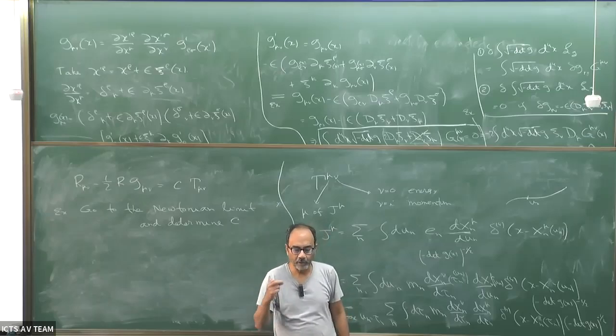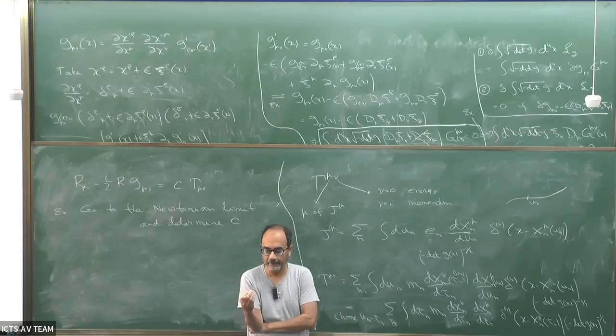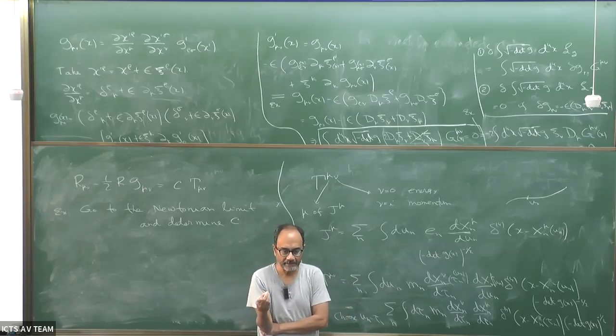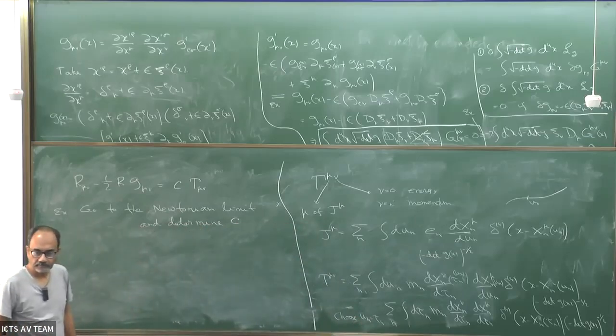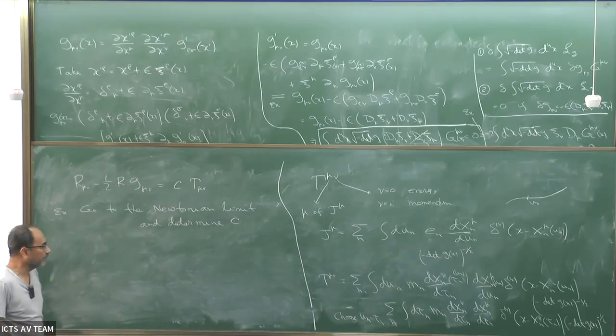We know what Newton's laws look like: a single particle placed at a point gives an equation with a delta function source. You compare that with what you get from here. Now let me say one thing. I'll maybe do this next time: we have to check that this is 0.